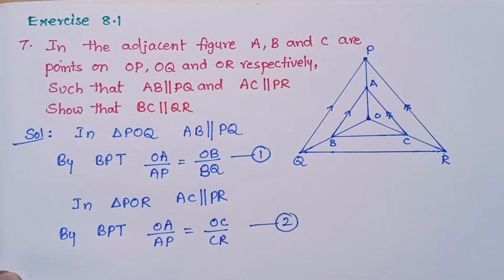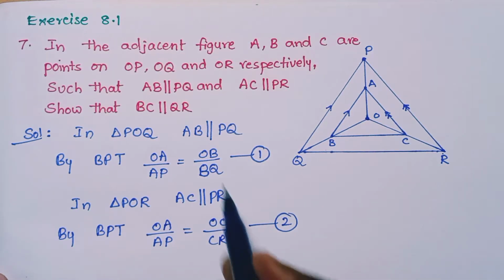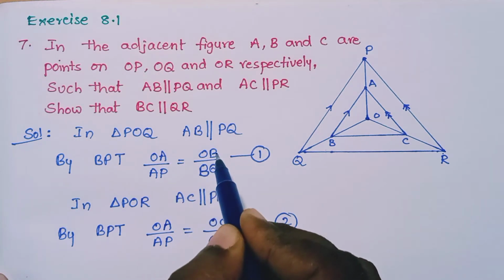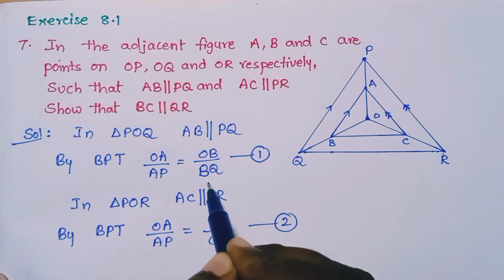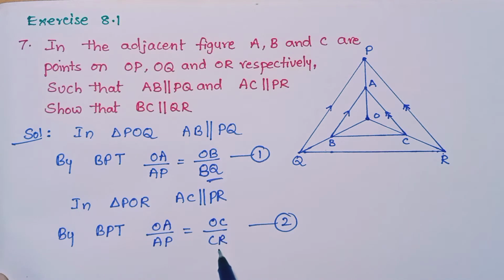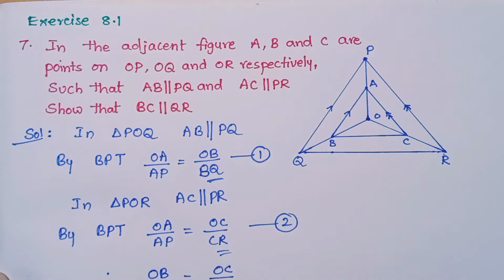Equation number 2. In equation number 1, OA by AP is equal to OB by BQ. Equation number 2, OA by AP is equal to OC by CR. What happens? OB by BQ is equal to OC by CR. Therefore from equation number 1 and 2, OB by BQ is equal to OC by CR.